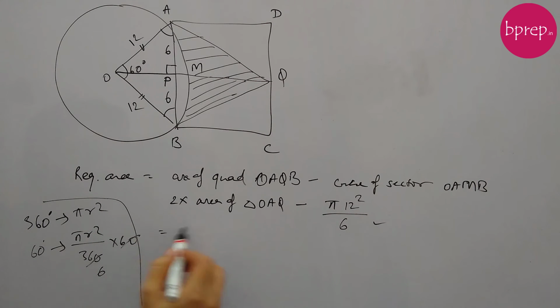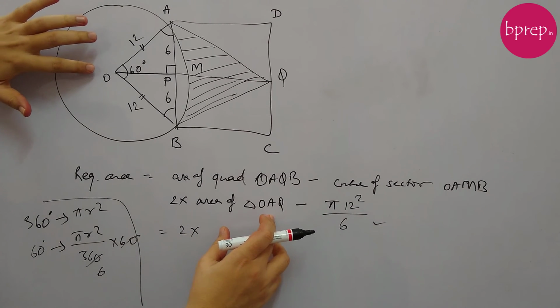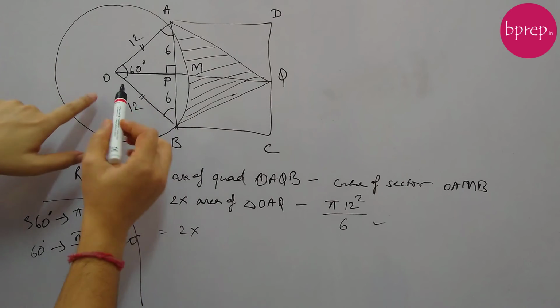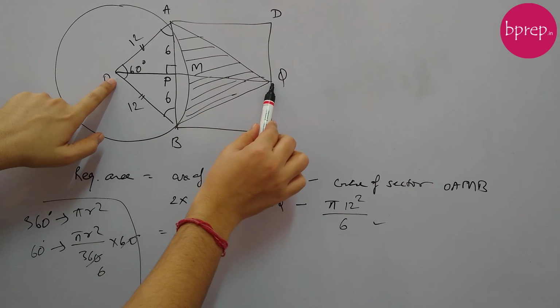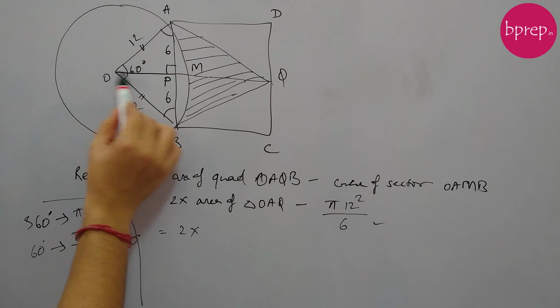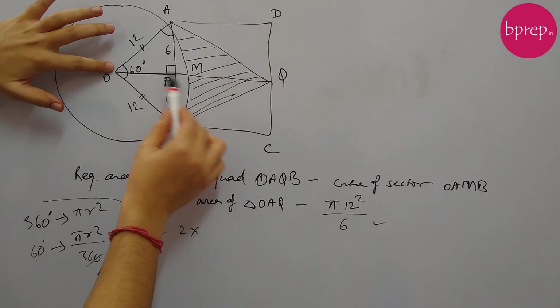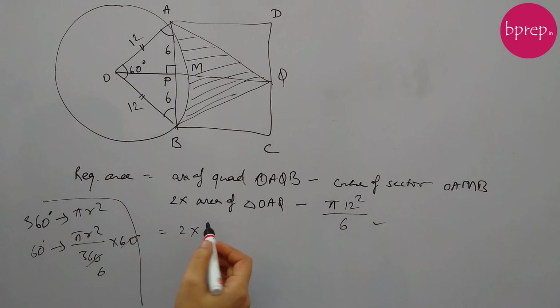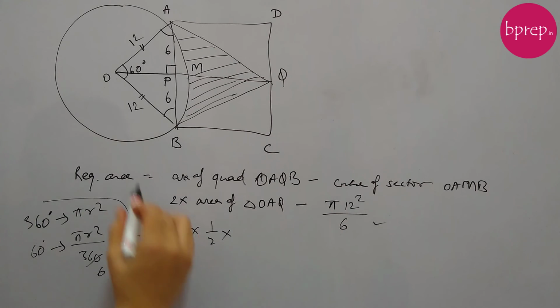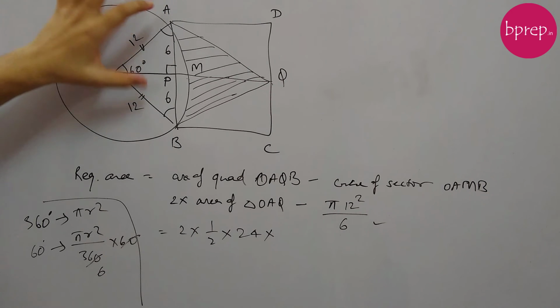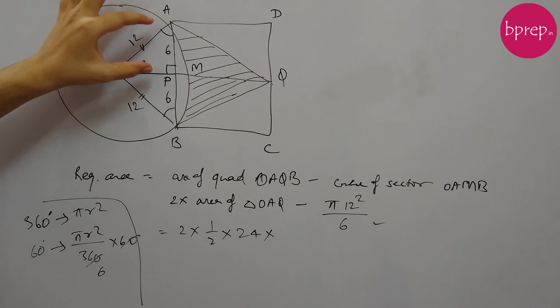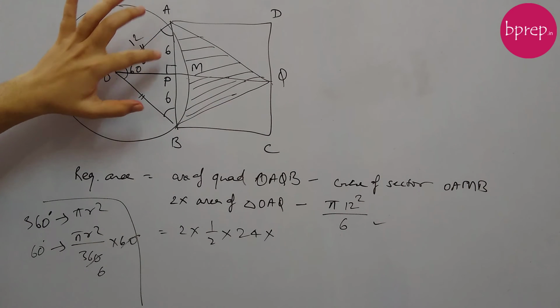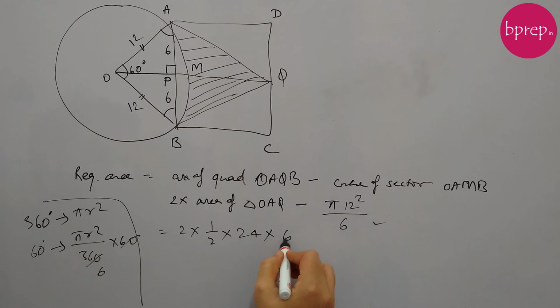Now 2 into area of OAQ will be half into base into height. Base is OQ. It is given that OM equals MQ, and because OM is the radius of the circle and radius is 12, OM equals MQ will be 24. So area of OAQ will be half into base, 24, into height. Height is equal to AP, and because AB was 12 and OQ is bisecting AB, AP will be 6.